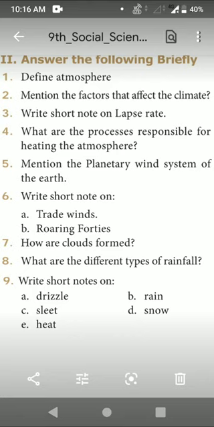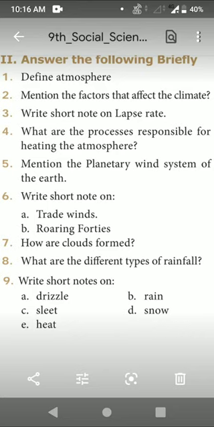Next question. Mention the planetary wind system of the Earth.